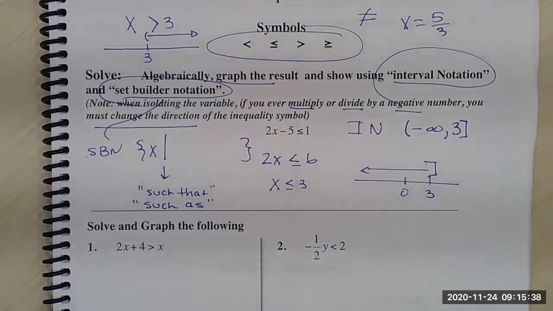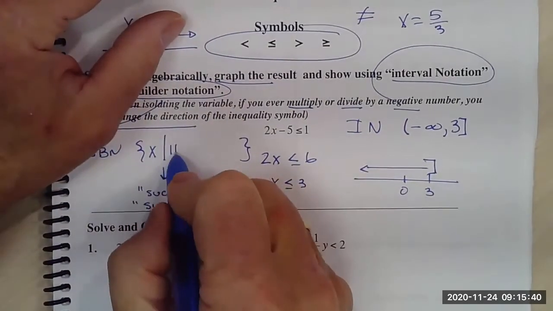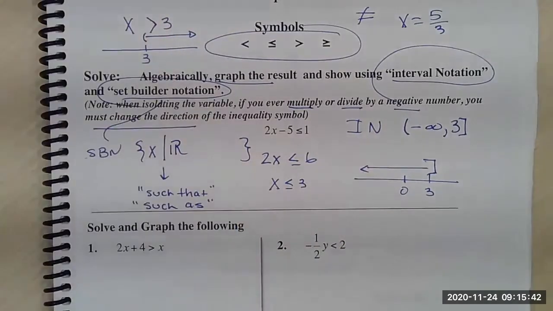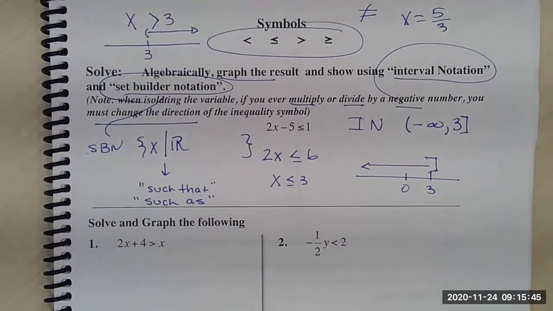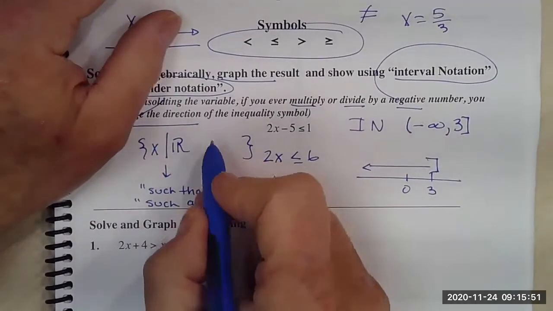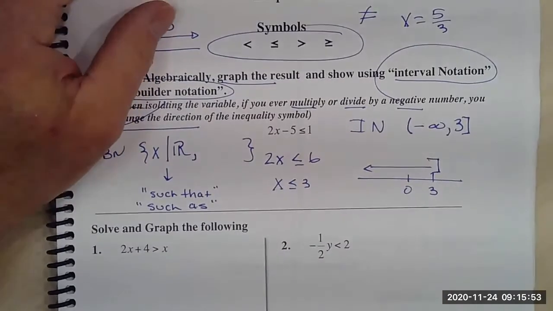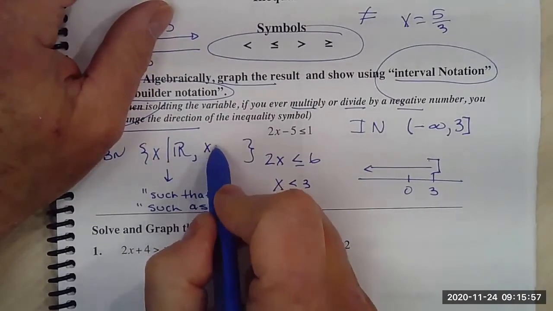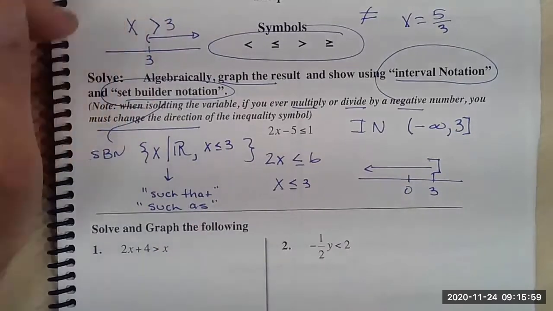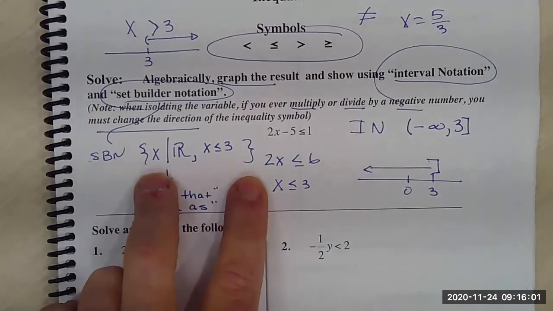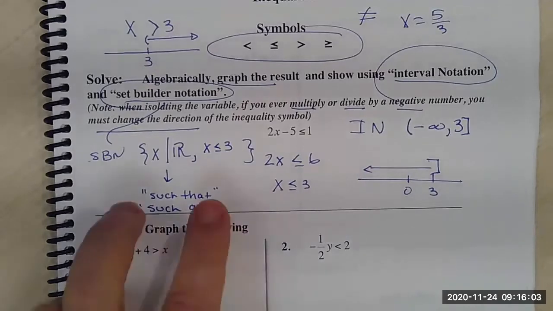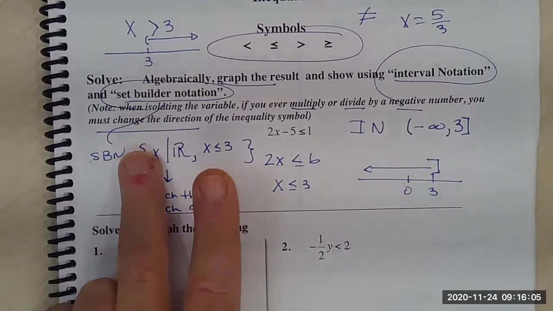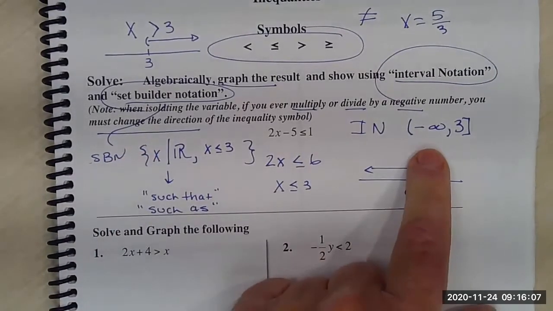So let's put the real, such that it's real. The double-legged R is a symbol for real numbers. Or you can write the phrase real numbers. Such that, and then maybe a comma, and then x is less than or equal to 3. So this is a version of the set builder notation. There are multiple versions here that could be acceptable. There's only one answer for this.